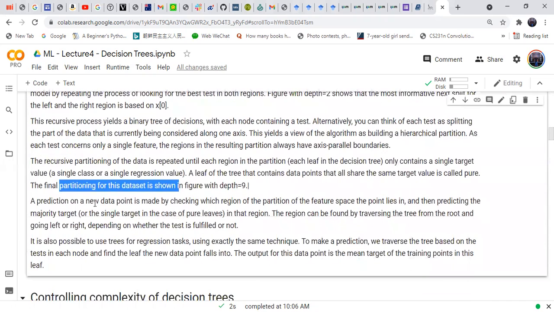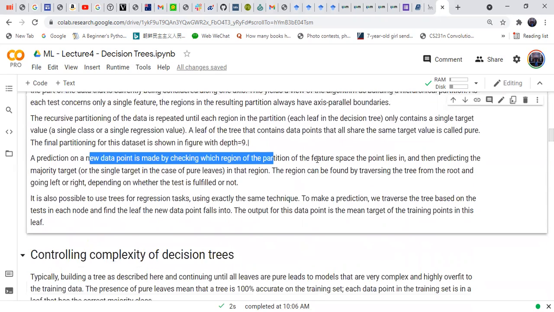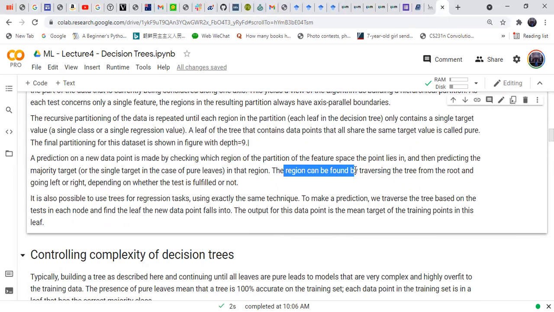A prediction on a new data point is made by checking which region of the partition of the feature space the point lies in, and then predicting the majority target in that region. The region can be found by traversing the tree from the root and going left or right depending upon whether the test is fulfilled or not.